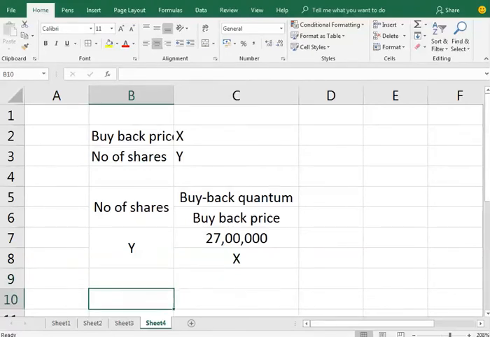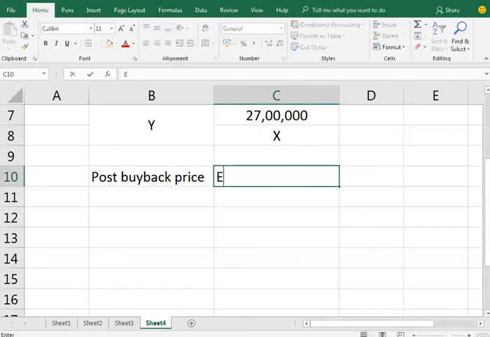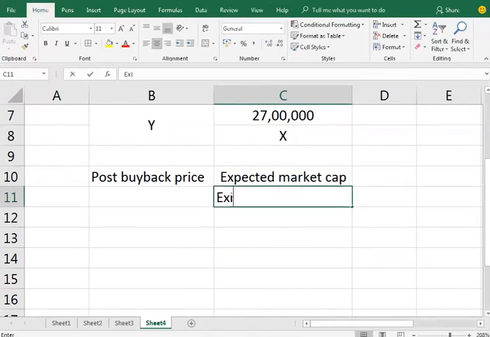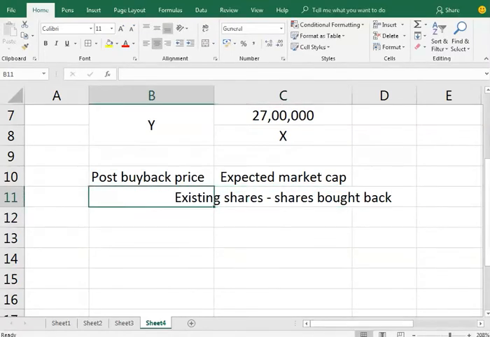Okay, listen for something. Now, post buyback price is expected market cap, which is given in the question, divided by existing shares minus, not plus, minus shares bought back.